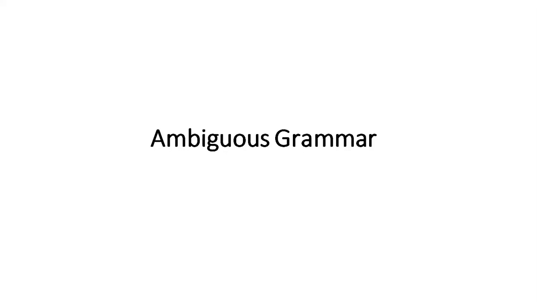Ambiguous grammar is not desirable in top-down parsing. When learning what top-down parsing is, I explained that whatever grammar we take as input should be an unambiguous grammar, not an ambiguous grammar. If you find that the grammar is ambiguous, then how do we eliminate that ambiguity?